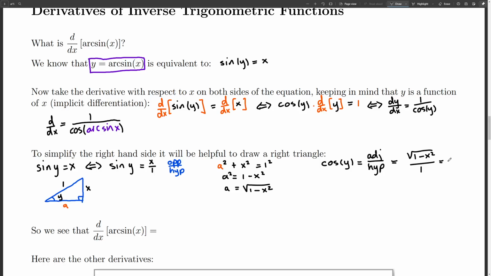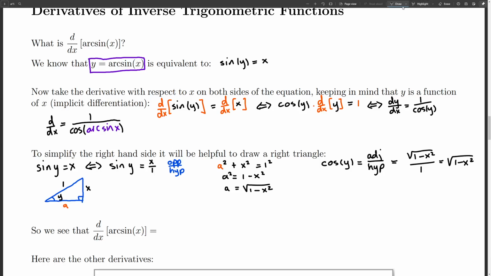So cosine of y is the square root of 1 minus x squared. And so instead of plugging in arcsine of x for y, we can just look at this expression here and use what we know for the cosine.